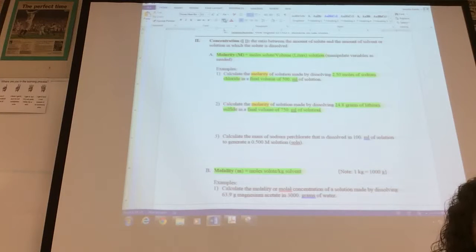Final volume given. So let's get our variables down.